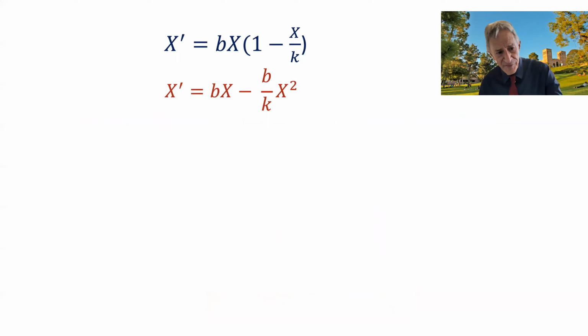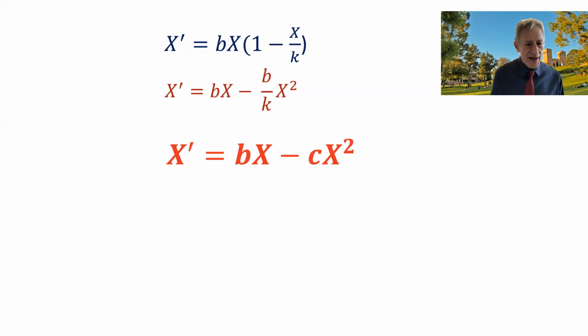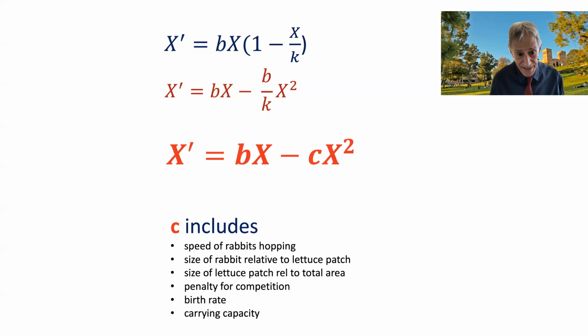And notice now that if we multiply that out, bx times 1 minus x over k, we get bx minus b over k x squared. So now we've transformed that back into the first formulation of the logistic model, which was bx minus cx squared, only now we have shown that the c parameter must include both the birth rate and the carrying capacity.